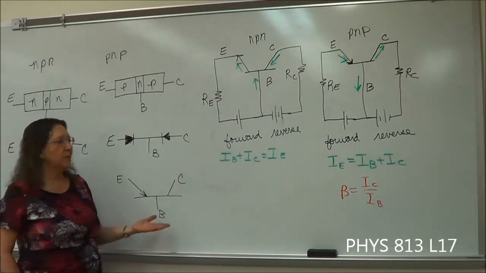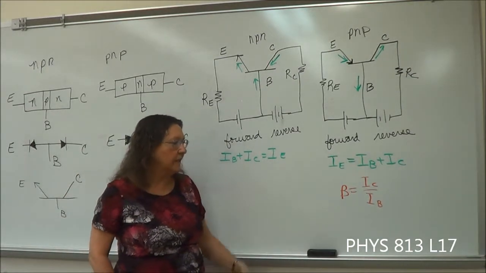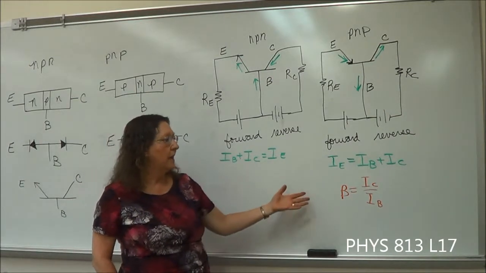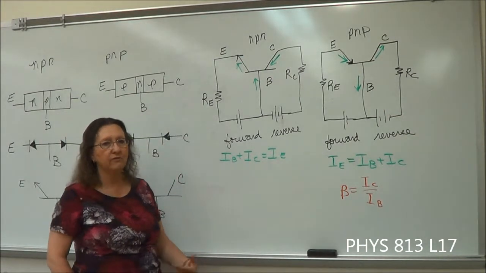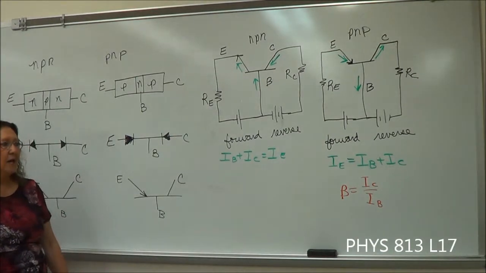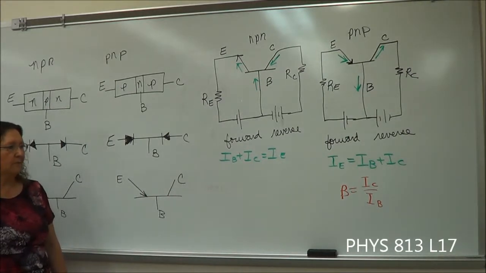So one transistor with a particular number may have a gain of 50 or 100 or 200, and another one that was manufactured supposedly trying to be the same, it may have a beta factor, I don't know, maybe 40 or 50 or 500 or 300.